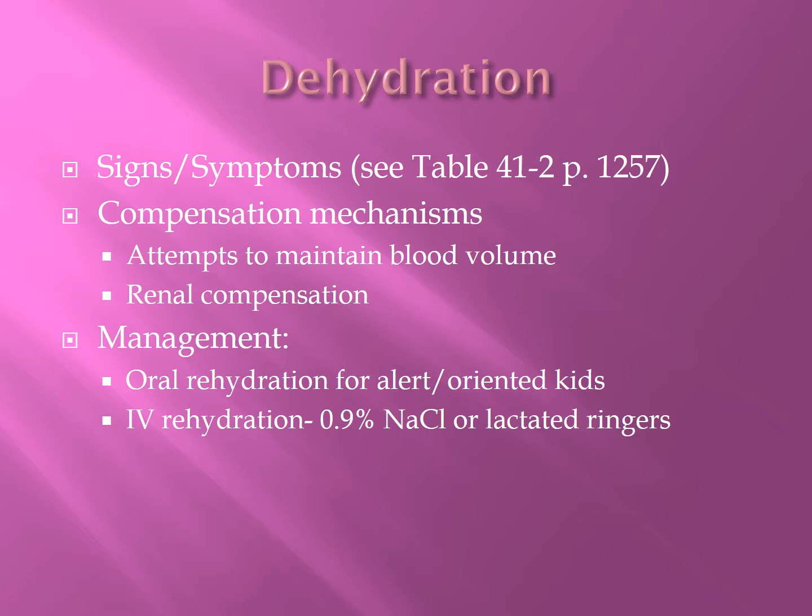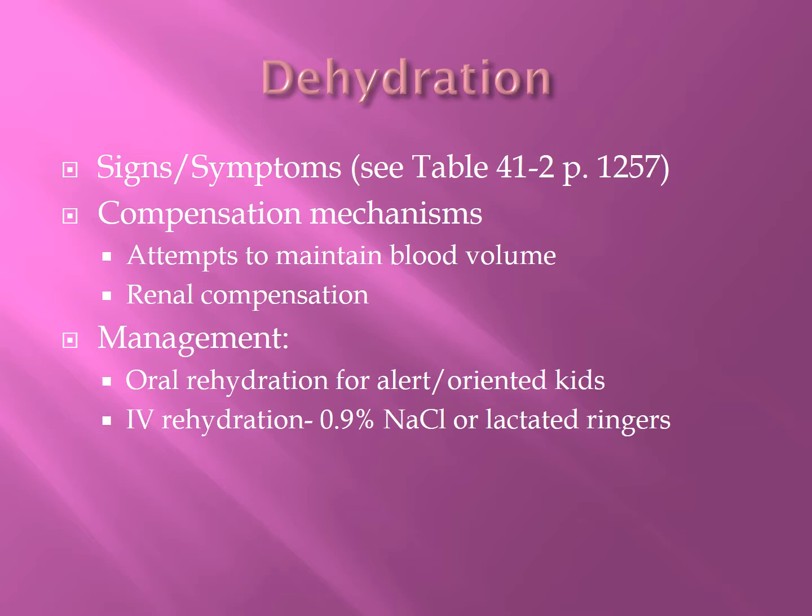Compensation mechanisms. The first thing the body's going to do is to attempt to maintain blood volume. So interstitial fluid moves into the vascular compartment to maintain blood volume in response to the hemoconcentration and hypovolemia. And then you get some vasoconstriction of your peripheral arterioles, and that helps to maintain the central circulation. Pretty easy peasy, right?